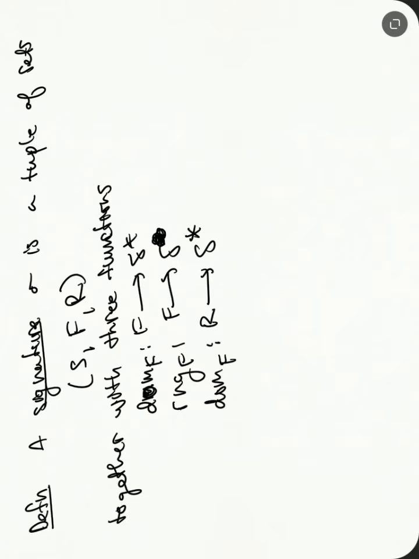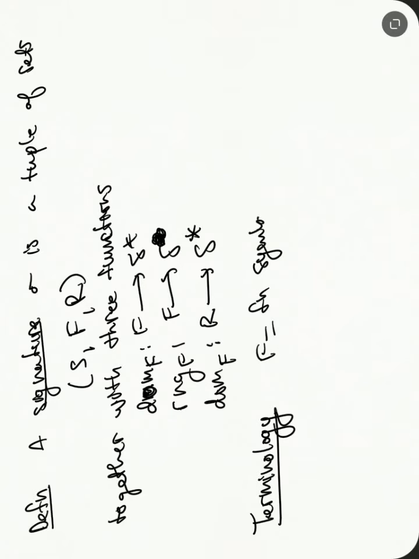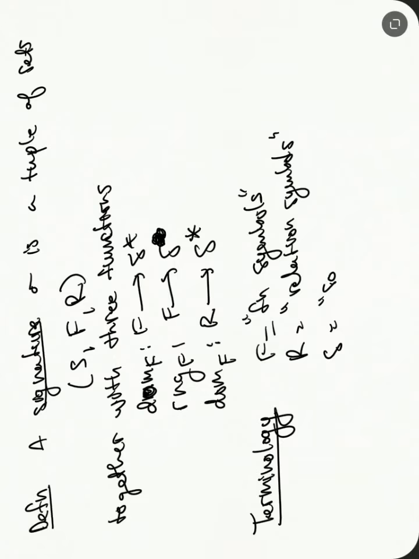Okay, so let me give some terminology here. F is going to be the function symbols. So this is what we call the function symbols. R is the relation symbols. And S is the sorts.